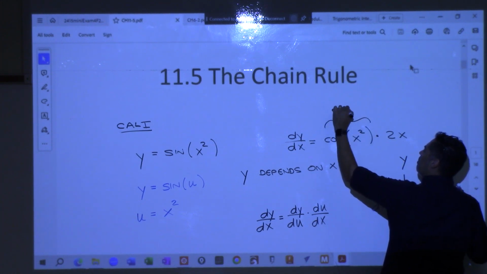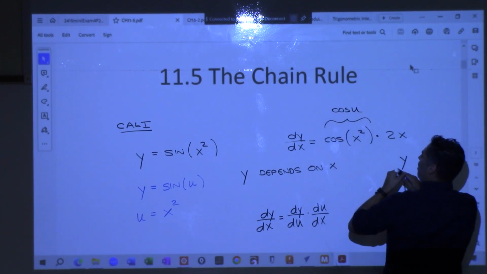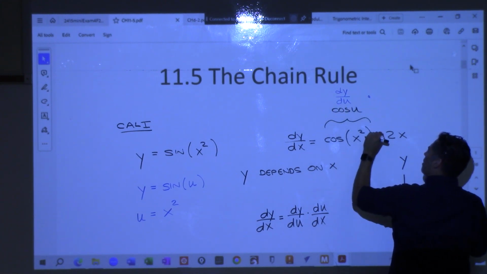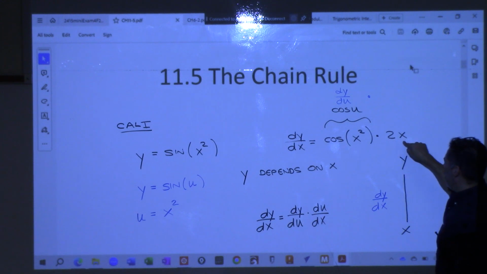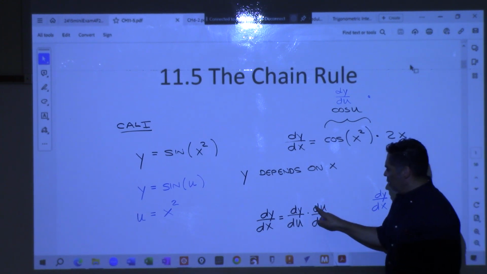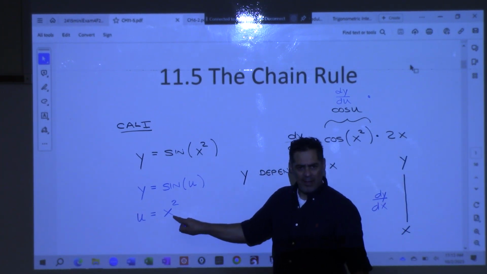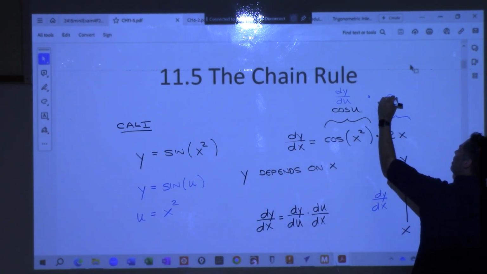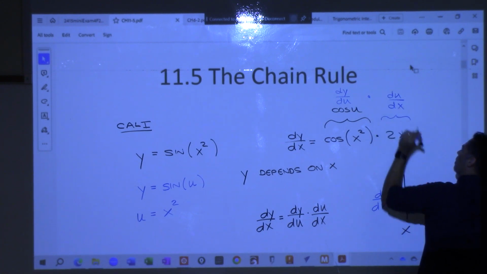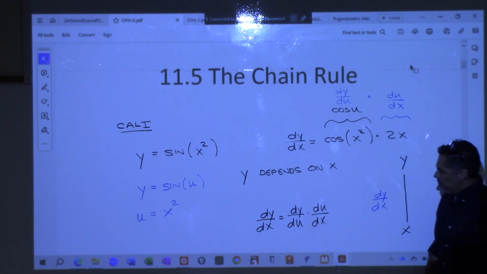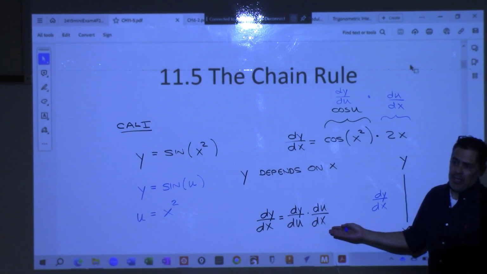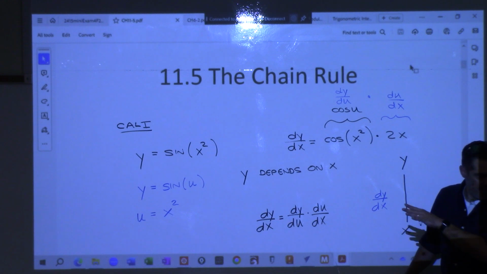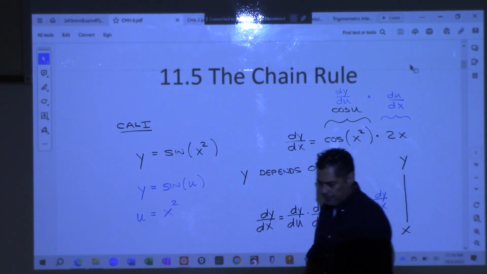So this piece right here is dy du, times the du dx, the derivative of u with respect to x, which is 2x. So this is what chain rule really is in Cal 1. That's just a recap of what it is. Let's move on.